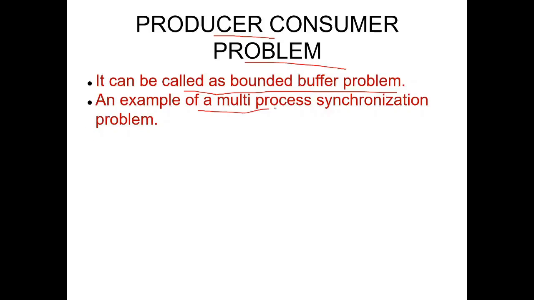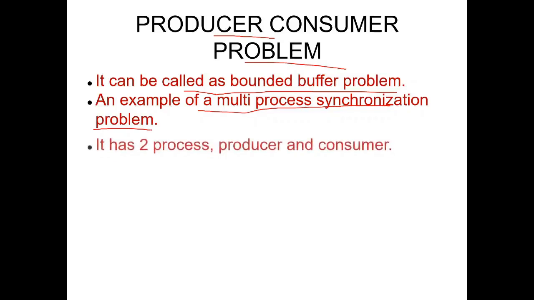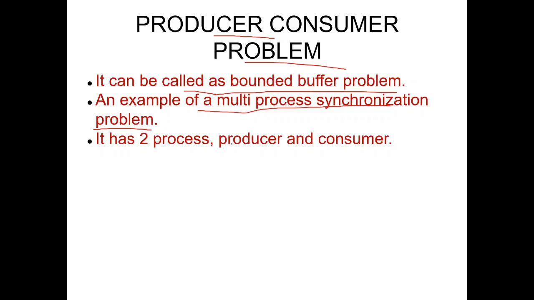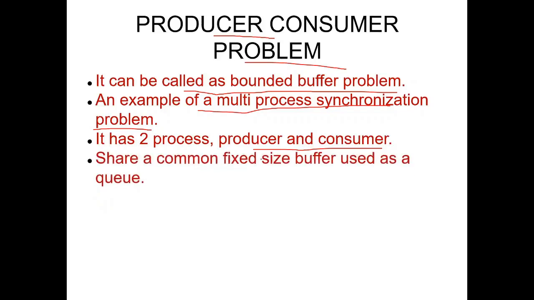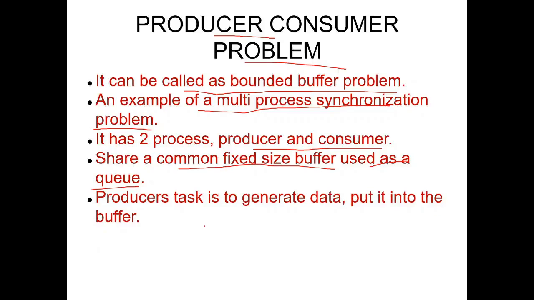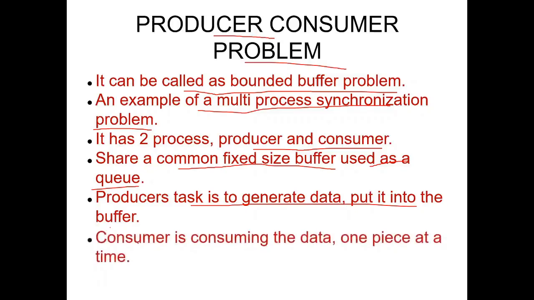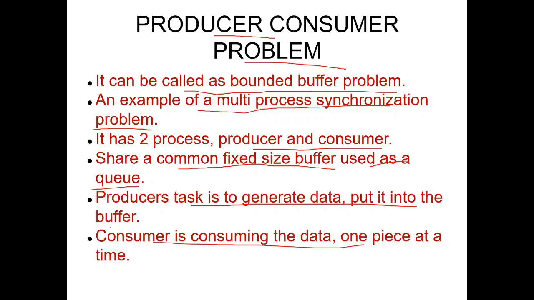It is an example of a multi-process synchronization problem, and it has two processes, producer and consumer, which share a fixed-size buffer used as a queue. The producer's task is to generate data and put it into the buffer, and the consumer consumes the data one piece at a time.